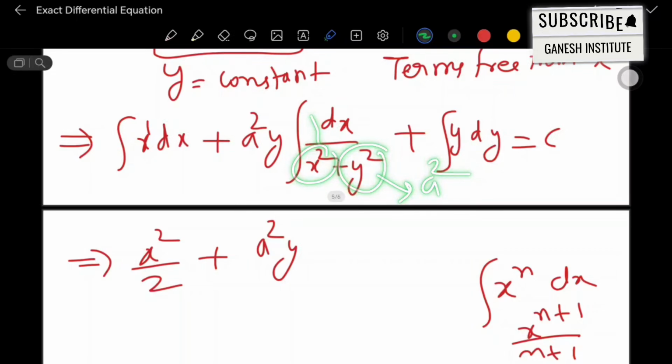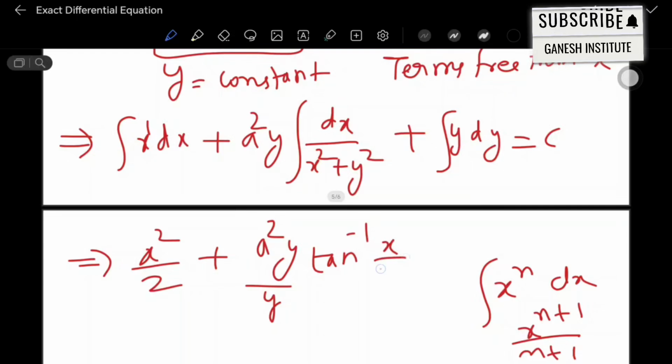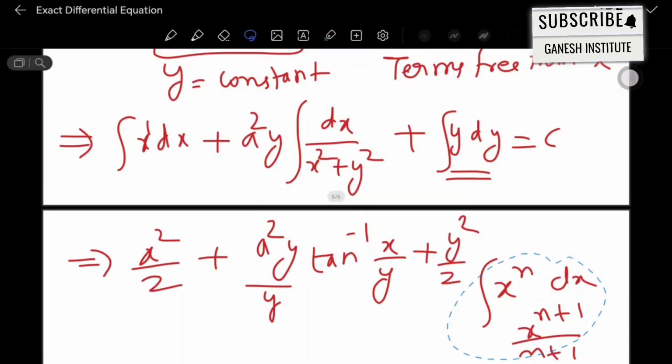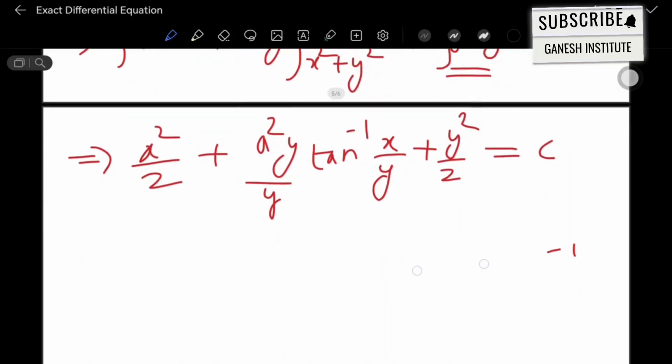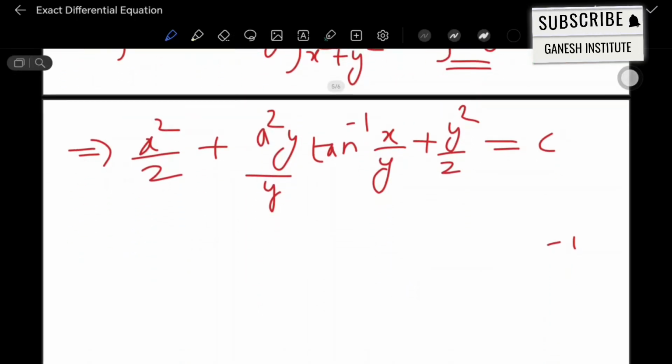So 1 by a, that is 1 by y, tan inverse x by a, plus again y dy, it will be y square by 2, equals c.